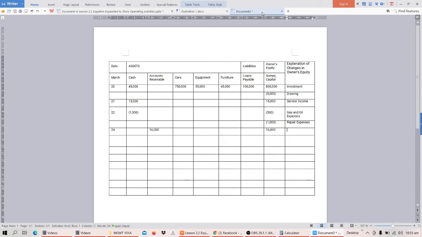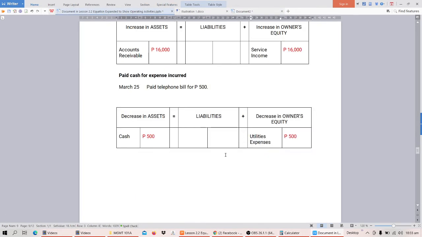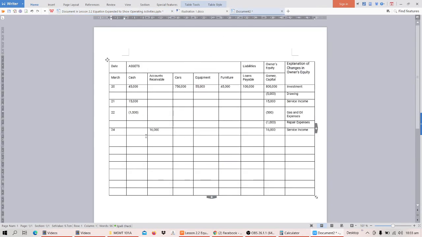So this will be your service income. Next is March 25. You pay telephone bill for 500 pesos. So your cash will decrease by 500 pesos. At the same time, a decrease in your owner's equity amounting to 500 in the form of utilities expenses.